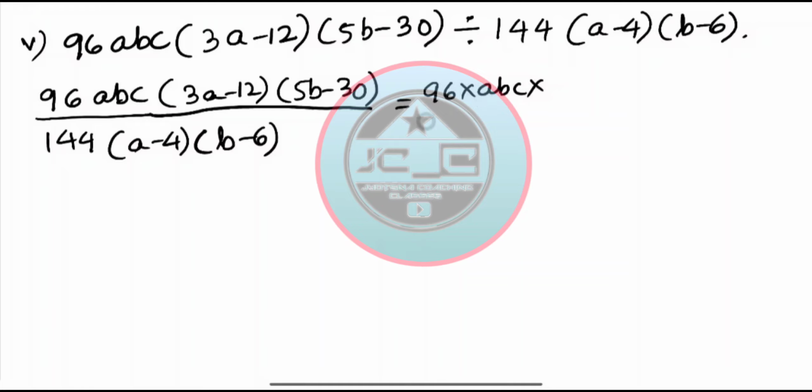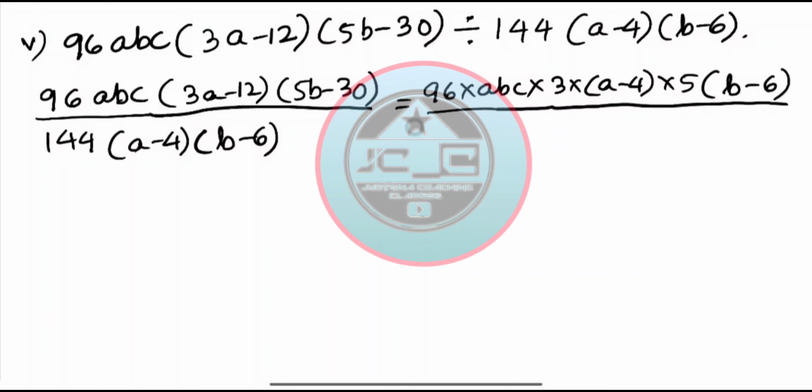With 3a minus 12 we are taking common 3, then a minus 4 remains, and after taking 5 common out of 5b minus 30 we get b minus 6. Now whole divided by 144 into a minus 4 into b minus 6.